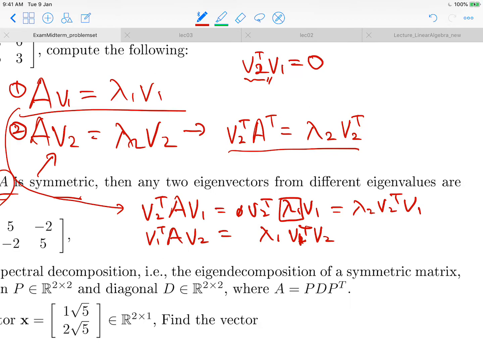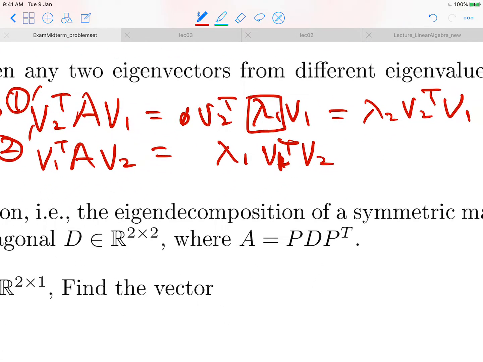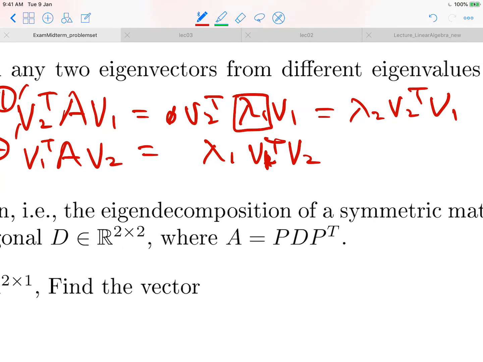We obtained these two by multiplying V2 and V1 on the left-hand side of equations 1 and 2. On the right-hand side, lambda 1 times V2 transpose V1, and here lambda 2 times V1 transpose V2.